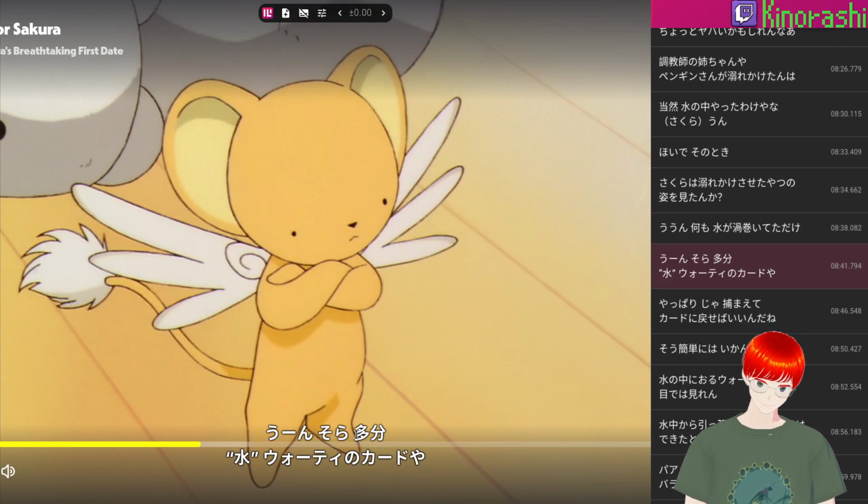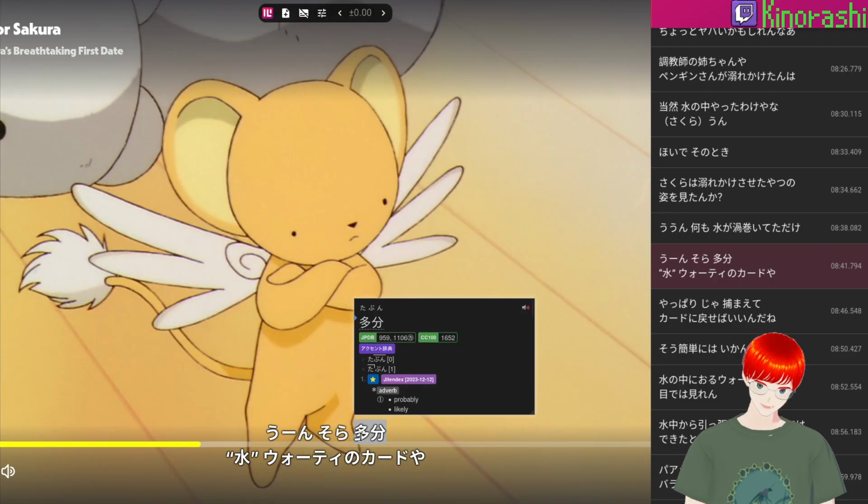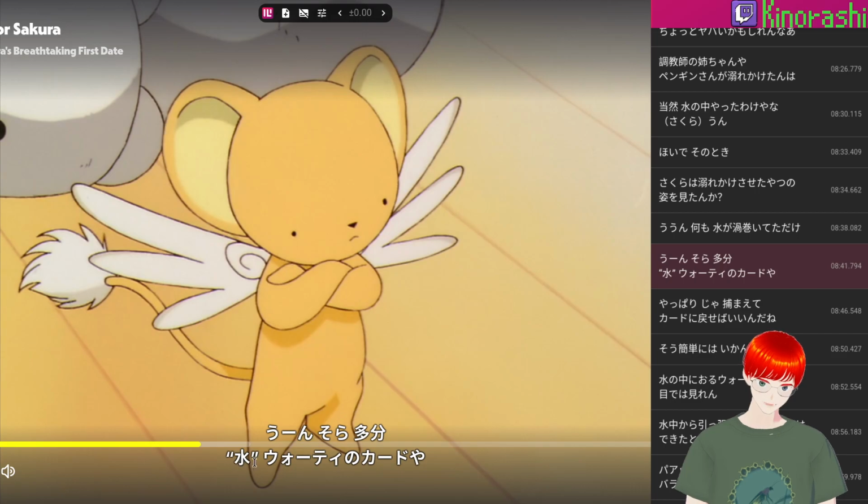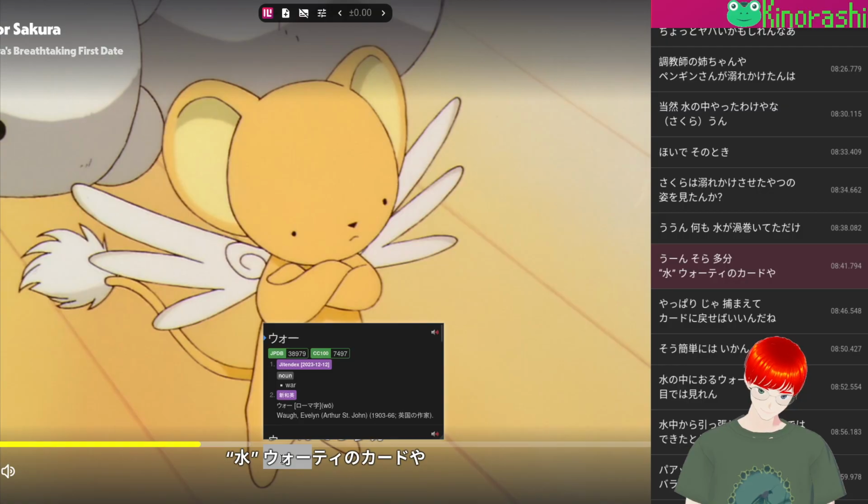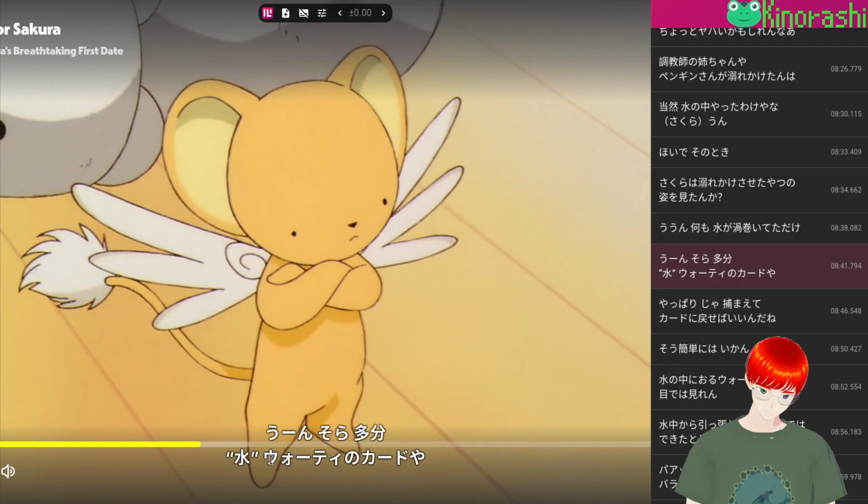それ多分. Yeah, adverb, okay. 多分水, wati, I guess. Wati no kado.